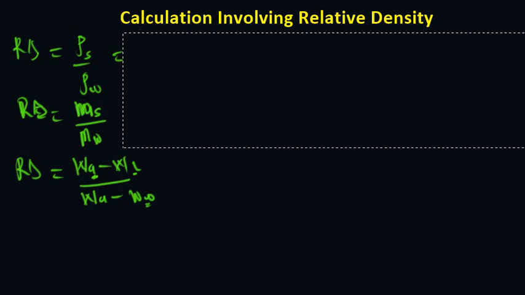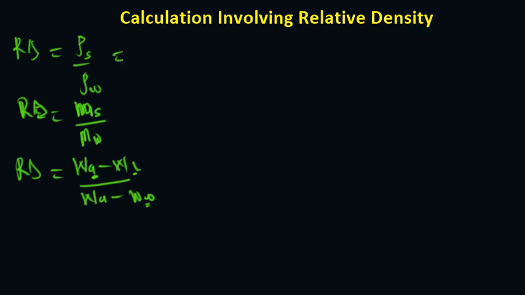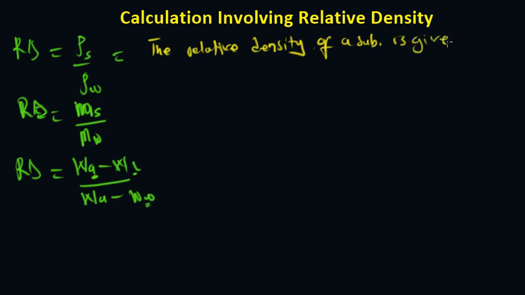The relative density of a substance is known to be, let's say, 1.5.